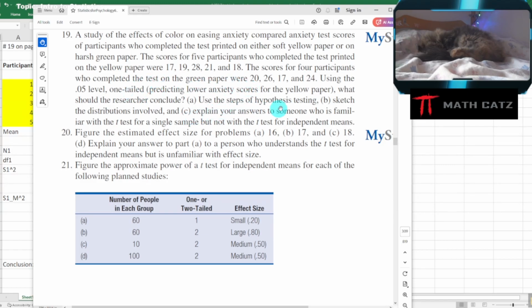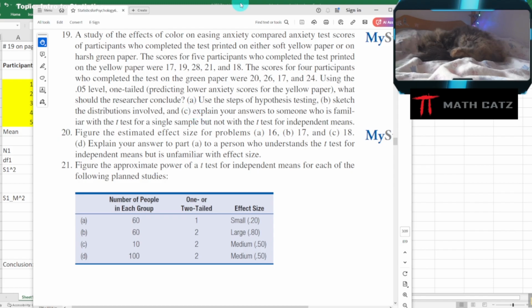And I want to go through my hypothesis testing. So in this case, I have 2 groups of different people. So this will be independent means that I'm testing. We'll do a rough sketch and we'll leave out C because we've discussed those things in previous videos.